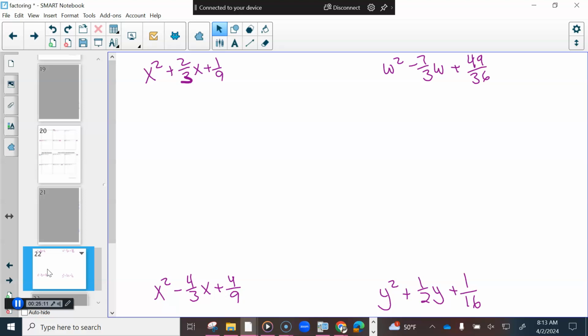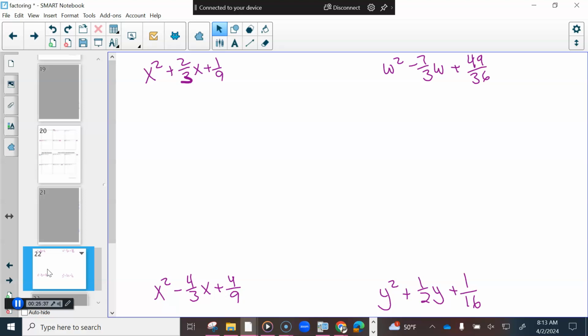So 9 times 1 would be 9. Factors of 9, 1 and 9, 3 and 3. Which ones would add to be 6? 3 and 3. So 9x squared plus 3x plus 3x plus 1. Split it down the middle. 3x is our GCF of the first two.